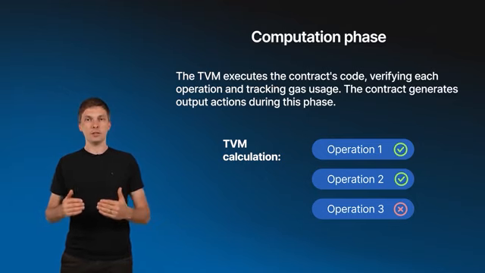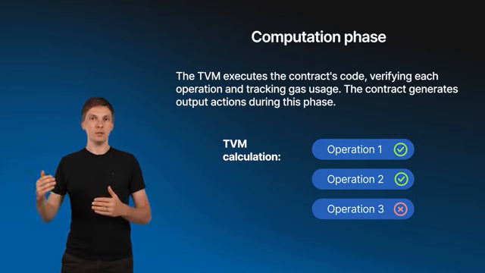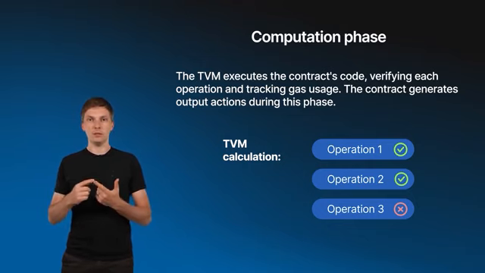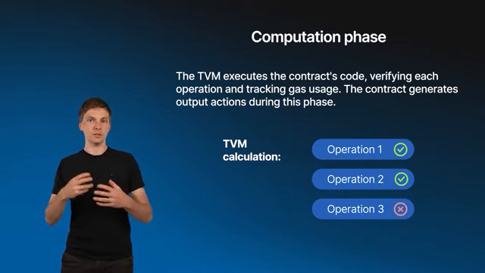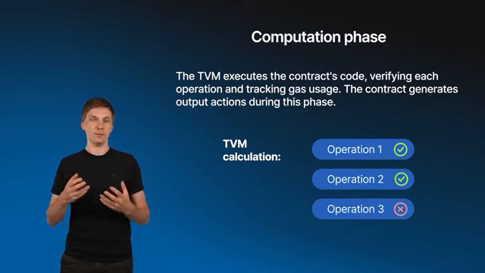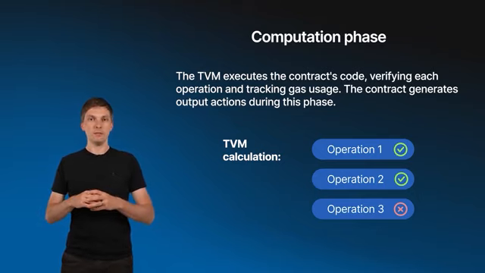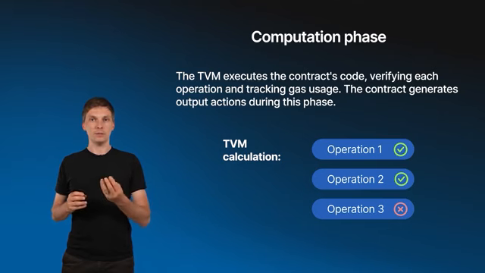And as TVM executes the code and charges the gas costs along the way, it produces output actions. And if you didn't run out of money and didn't violate the rules of TVM, so for instance, didn't do the invalid arithmetic operation, then TVM finishes execution, and you have a list of actions.